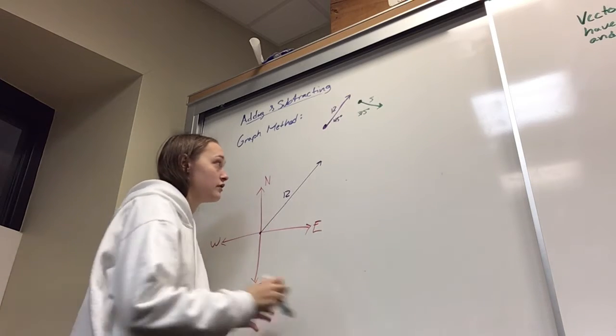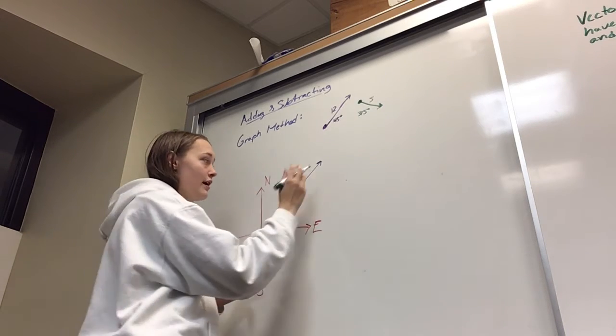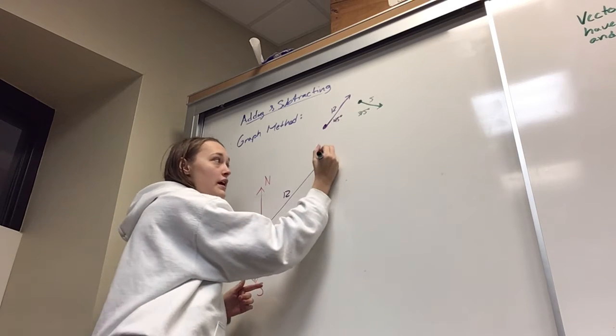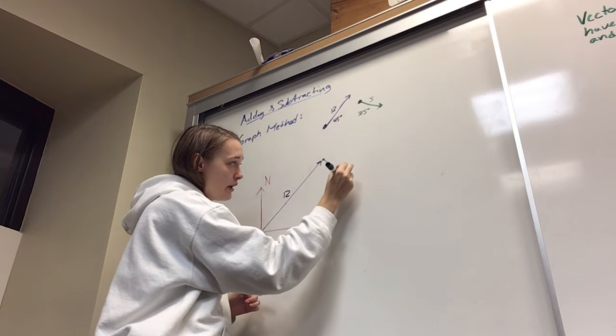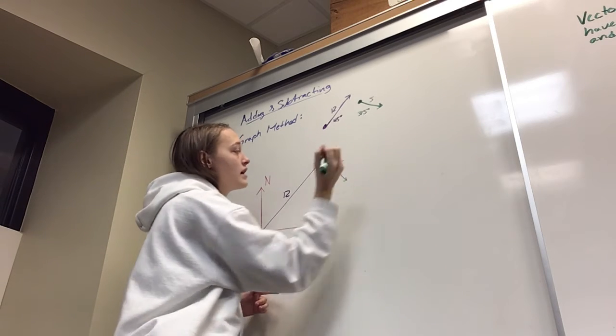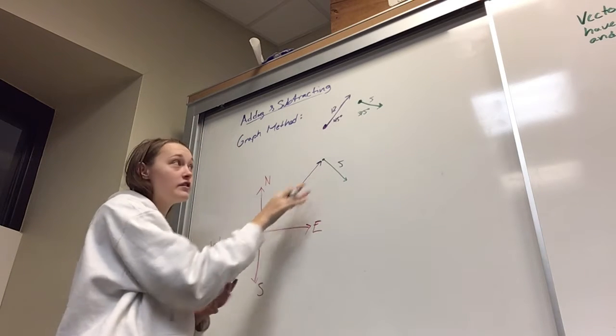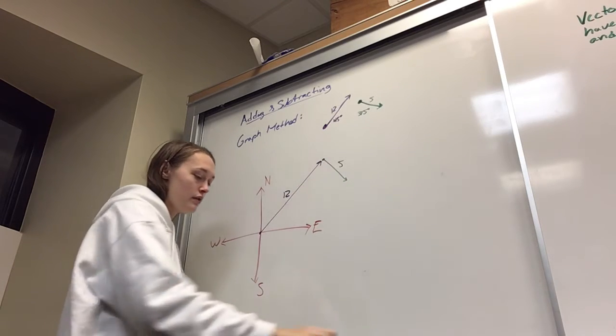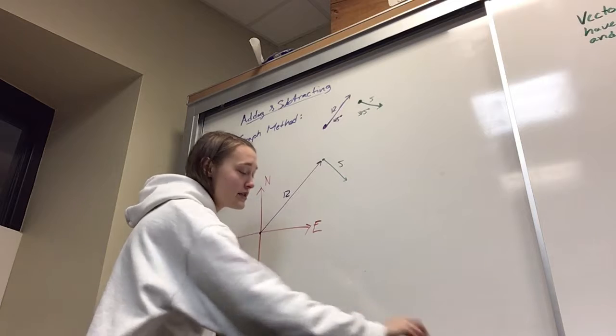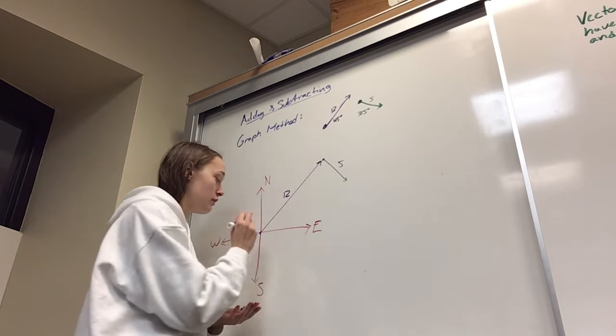And then adding vectors, we start at the tip of the arrow, tip to tip, and we draw our second vector. So we have our 12-mile vector and our 5-mile vector, vector A and vector B. After that, we can use these vectors to find our resultant vector, which would be right here.